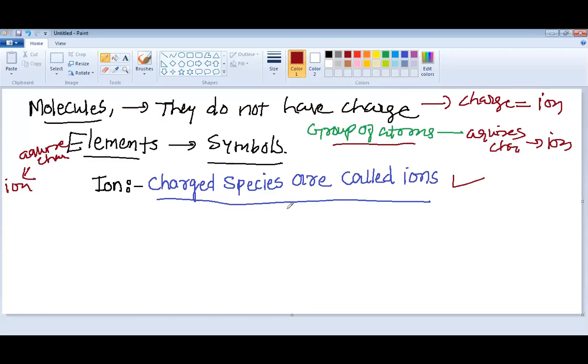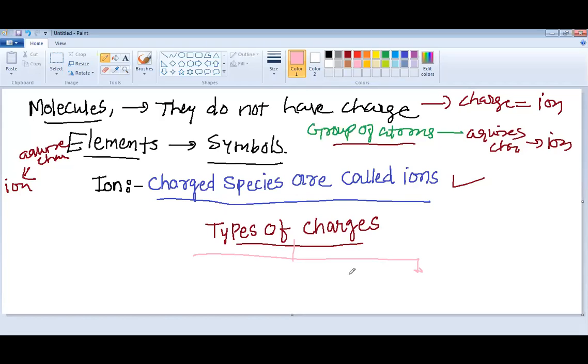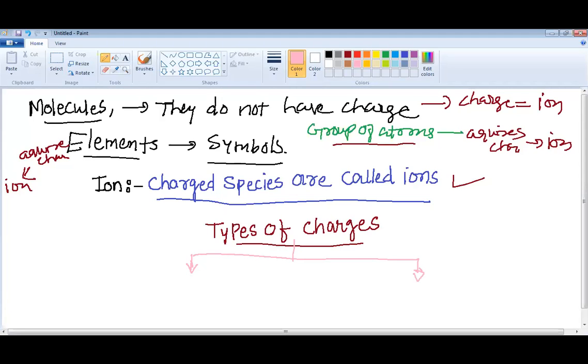Now, what are those charged species or what are the types of charges? Do you know what the types of charges are? What kind of charges have you studied? So there are two types of charges, my dear students.